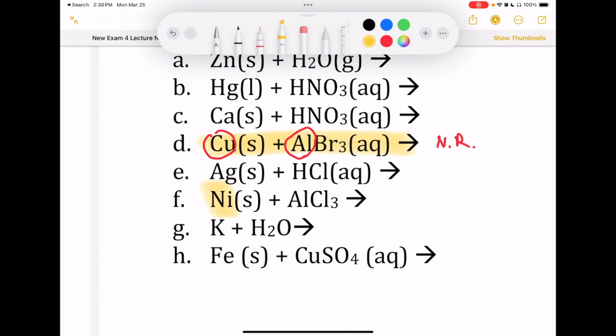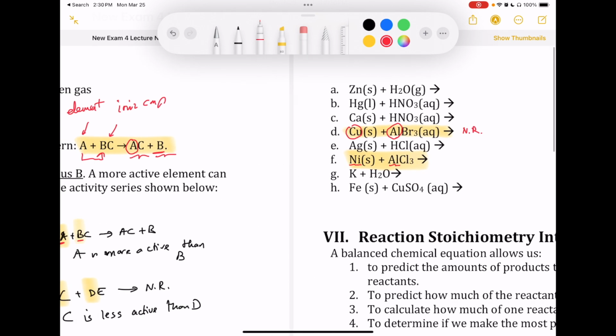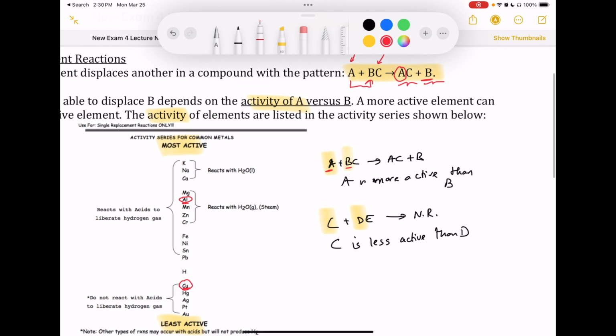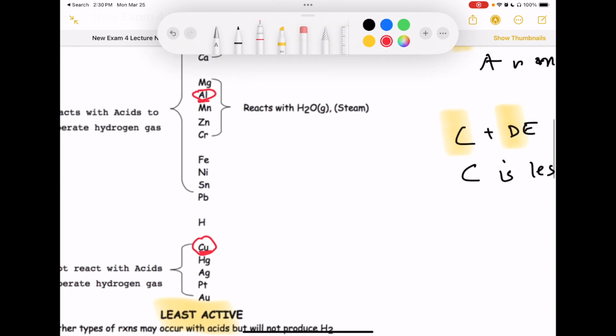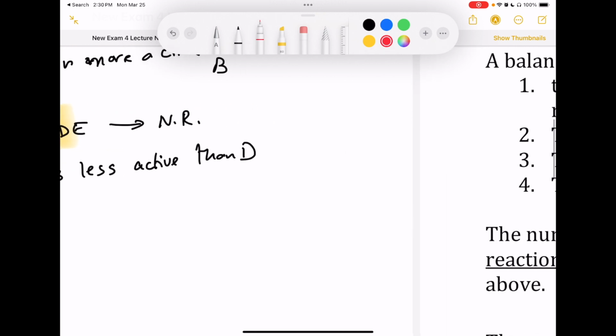Now let's take a look at another problem, which is nickel plus AlCl3. So we're going to go back to our activity series, looking for nickel and Al. And we see that nickel is a little bit there in the middle. And of course, aluminum we had found earlier to be at the top.